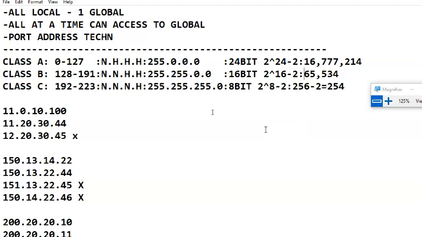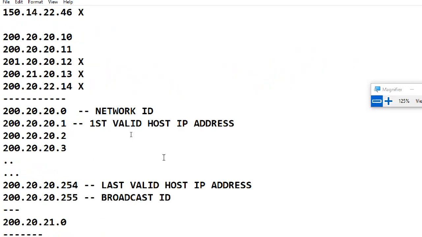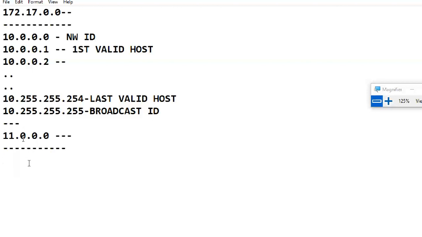I will tell one example first. If in your organization you have 100 PCs, which class is better: class A, class B, or class C? Depends upon the number of systems we require. Yes, 100 PCs are there.